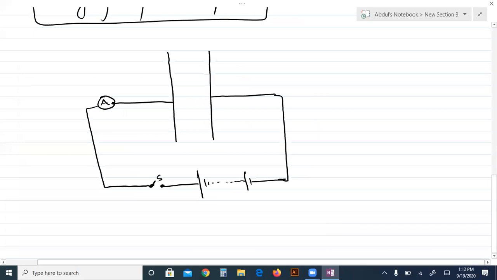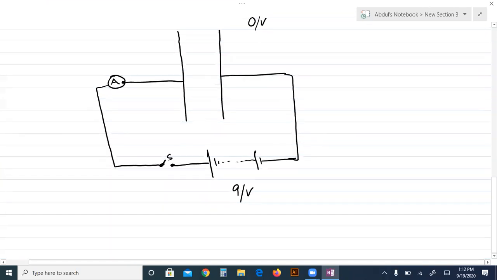Initially, this capacitor is uncharged, so the potential is 0 volt, and the battery is fully charged. Suppose its potential is 9 volt. So the switch is open, no flow of charge, no current. So the reading of the ammeter is 0 initially.